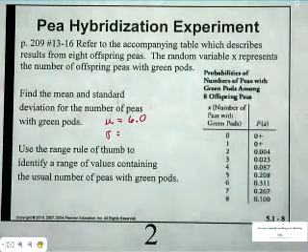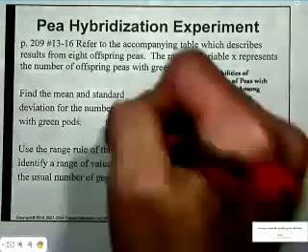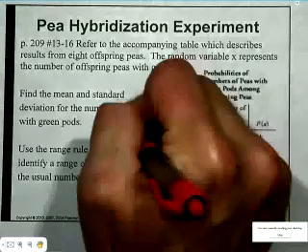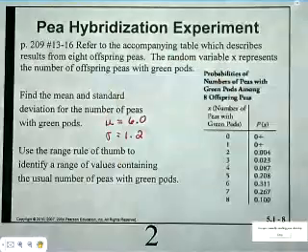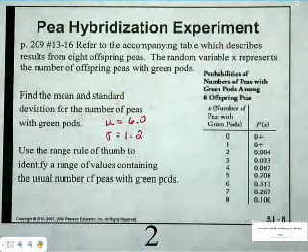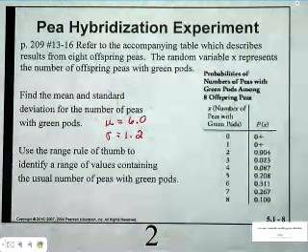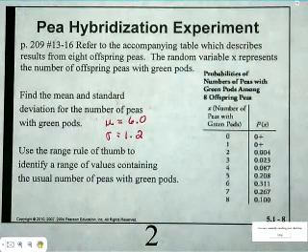Okay, and if we're going to round to 1 decimal place, it would be 1.2. So we can use the range rule of thumb to identify the maximum usual number, what he would not be shocked about, and the minimum usual number, and we could give a range of values that we would consider not shocking.